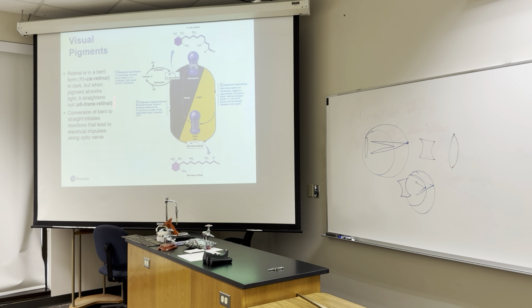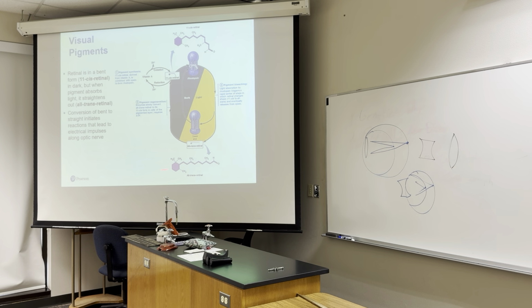now this is the important part. You have this retinal, usually it's the bent form, which is the 11-cis. When we say cis, it has all of this in the same direction, right? Cis. So this is the bent form. When they get stimulated, they are going to be straight.